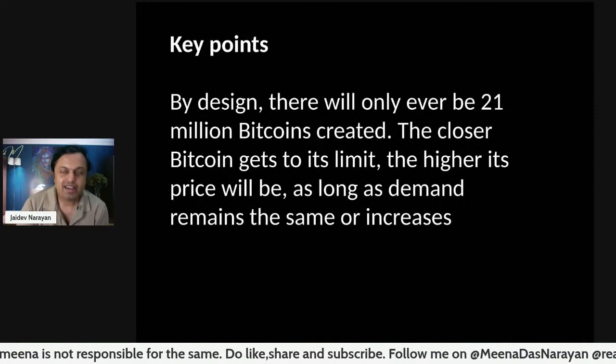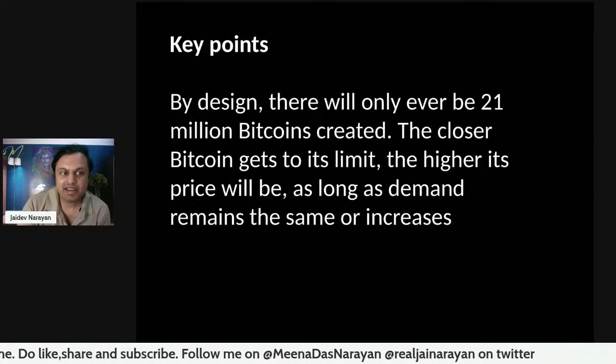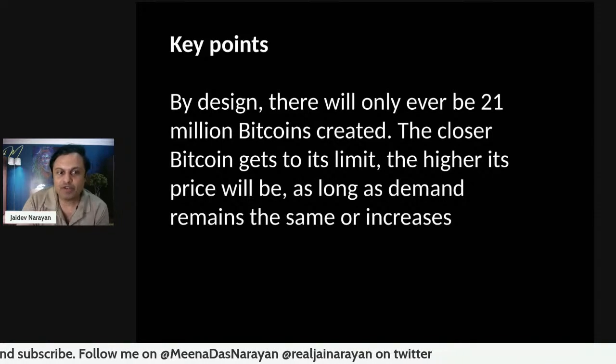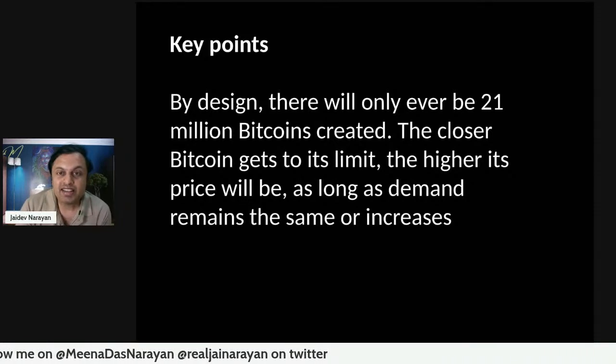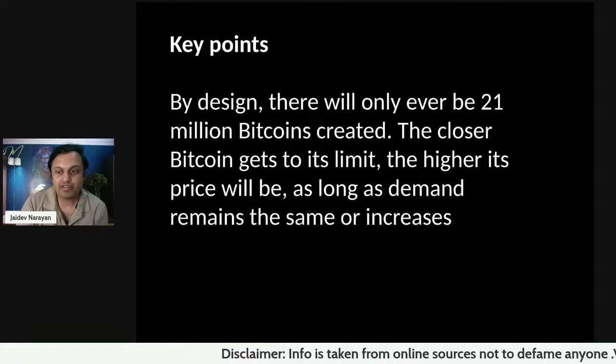So you can imagine that on July 17, 2010, the price of one Bitcoin was $0.09, and now it's almost over 63,000 US dollars. So you can imagine the kind of jump in price value.